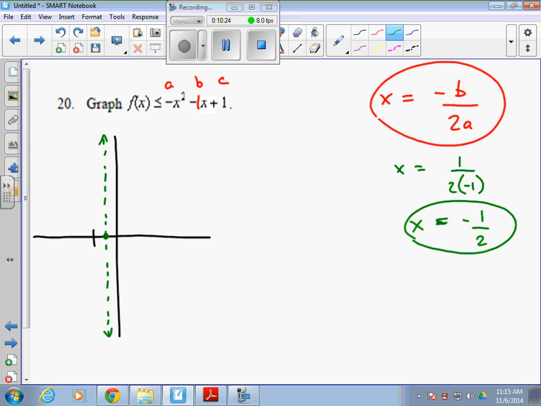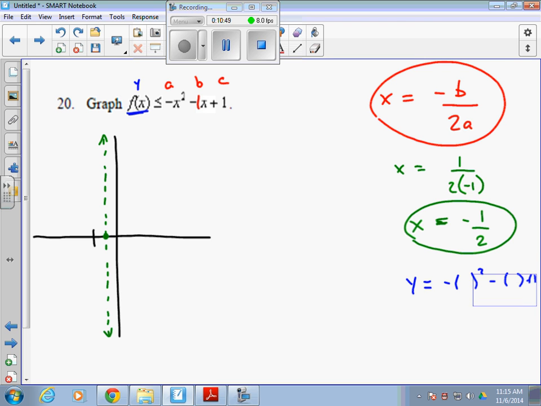We need to know how high up that line it's going to be, how high up the y-axis. So remember, f of x, you always treat that as if it says y. Y equals negative x squared, minus x, plus 1.